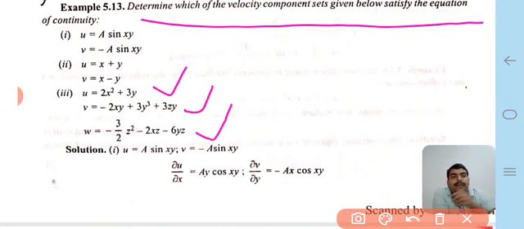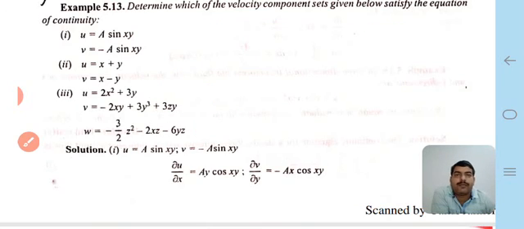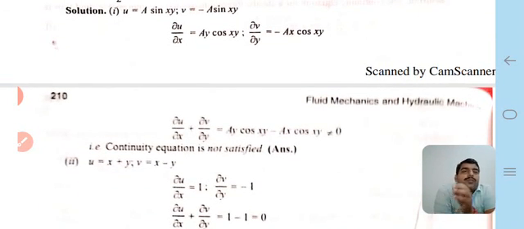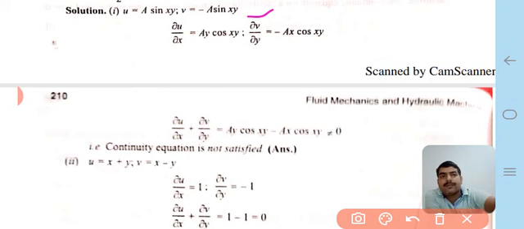Now we come to the solution of the first part of the question. Here, u is equal to a sin xy and v is equal to minus a sin xy. Differentiating both velocity components with respect to x and y, because u is the velocity component along the x-axis and v is the velocity component along the y-axis.